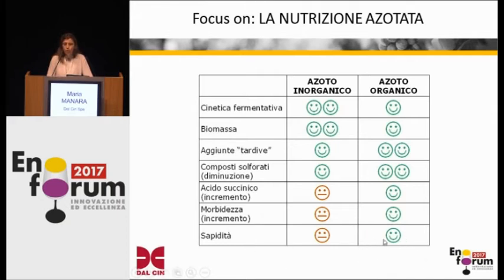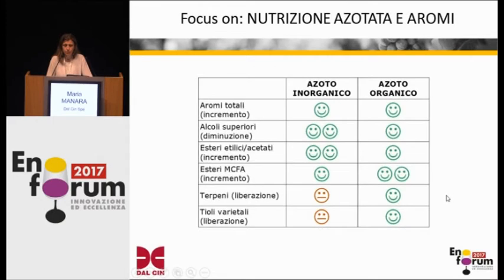And on the other hand, if you use organic nitrogen, you have more spiciness, which comes from the amino acids themselves too, and you have more roundness, which is more related to mannoproteins, say, that are present in the yeast derivatives themselves. Let's see now what happens when we have nitrogenous nutrition and aromas.